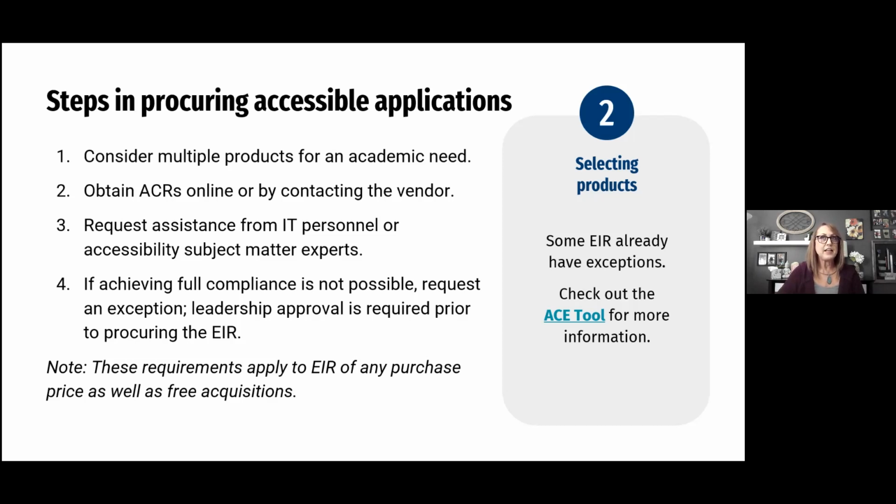In that case, we just have a register that you can sign on to and register that you're utilizing those types of products. If not, if you do have to have an exception for the product based on the VPAT, then that would need to get approved by your dean or vice president, and then it also goes to the president or her designee.